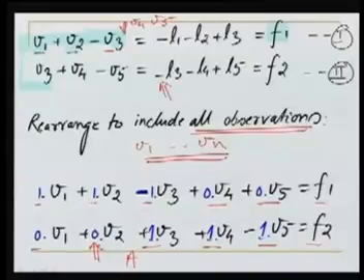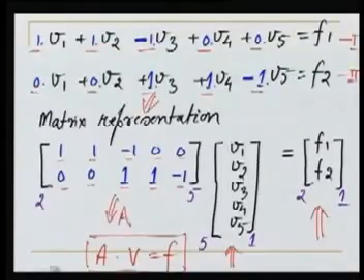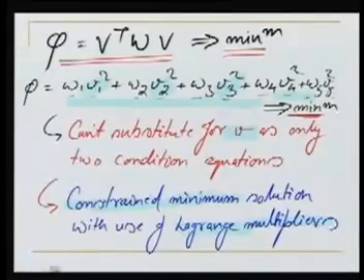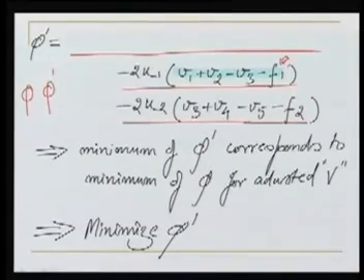So in this condition equation number 1, I have taken F1 to the left hand side and replaced it here. That's the very first condition, and this is the second condition here.